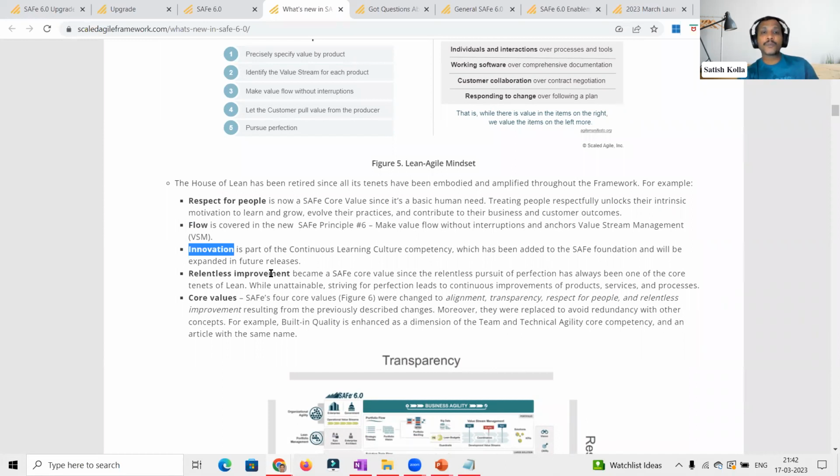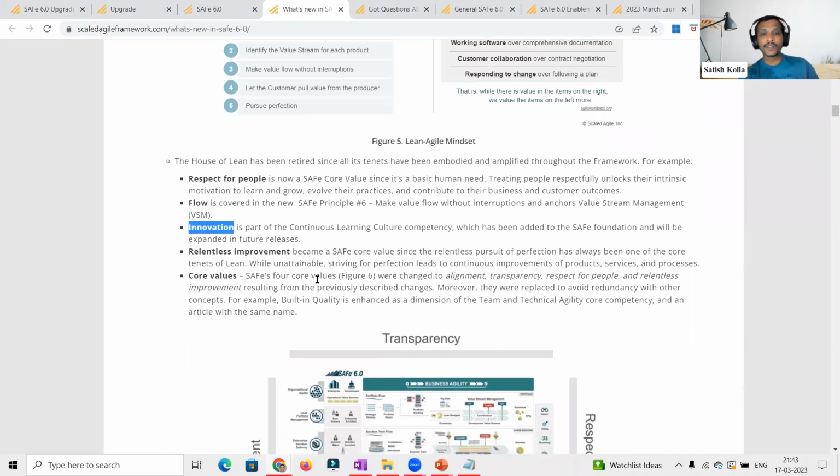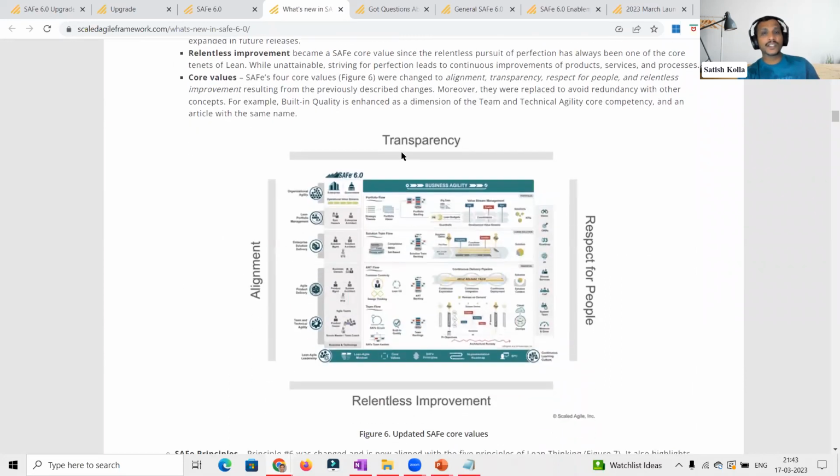Relentless improvement is made another SAFe core value. So the House of Lean is retired, but not the concepts. The concepts still remain the same, but are realigned into other framework entities. Okay, in continuation, the core values are now alignment, transparency, respect for people, and relentless improvement.